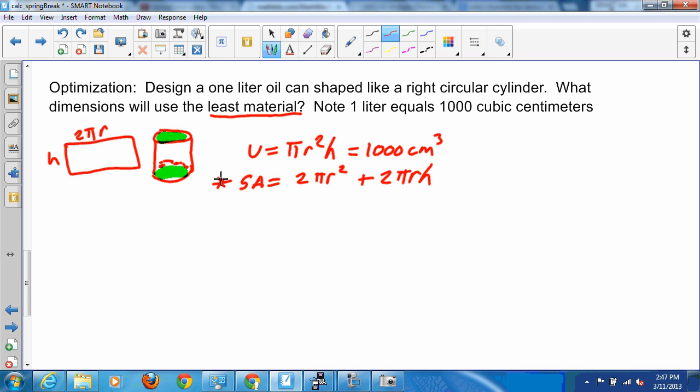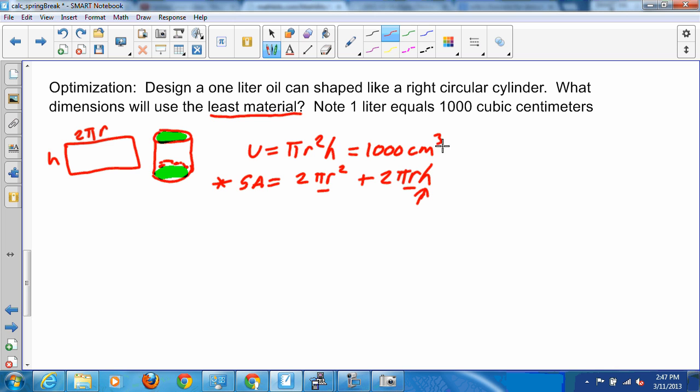And since this is the one we're going to take the derivative of, we look at the equation and we notice that we have an r squared term here and an r here, but then we have this other variable h that we need to resolve before we take the derivative. So is there a way that we can rewrite h in terms of r? Well, it turns out there is.